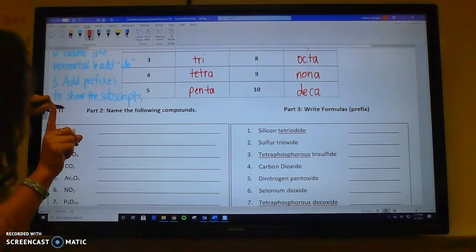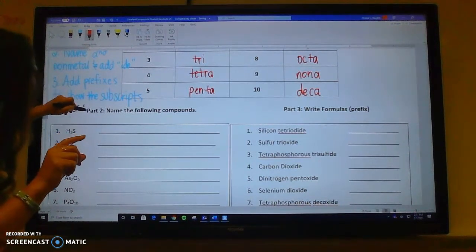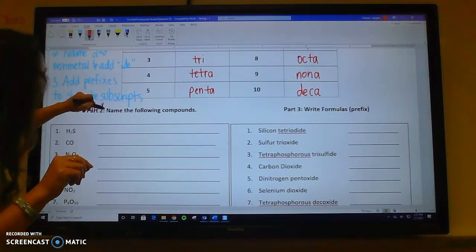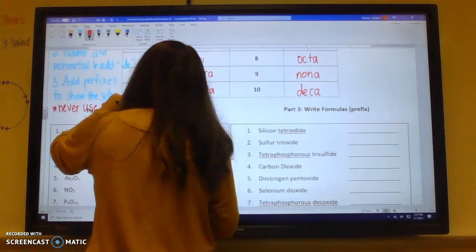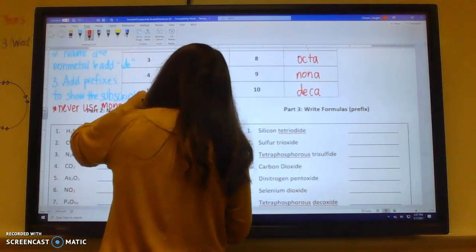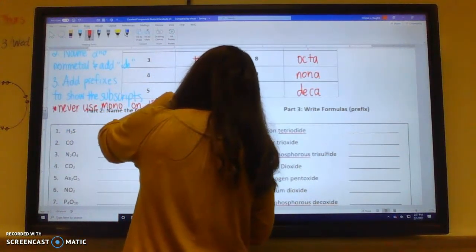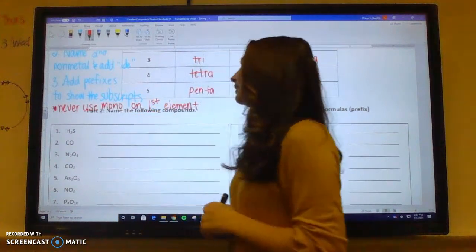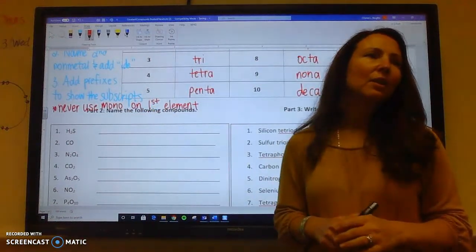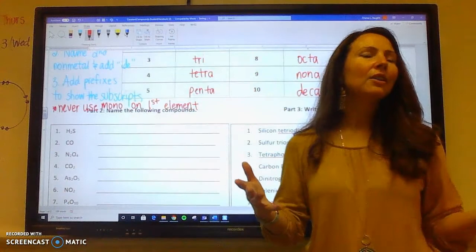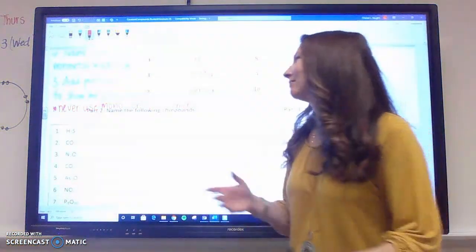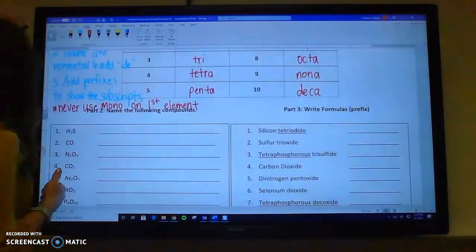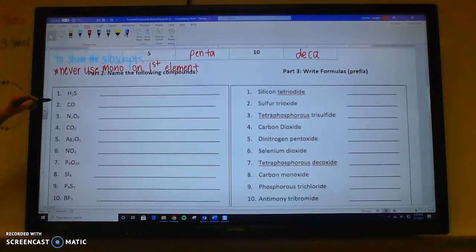We can never use the prefix mono with the first element. So never use mono on the first element. And that's such a pain because now you have to remember the steps, and now there's one exception. But y'all can do this.